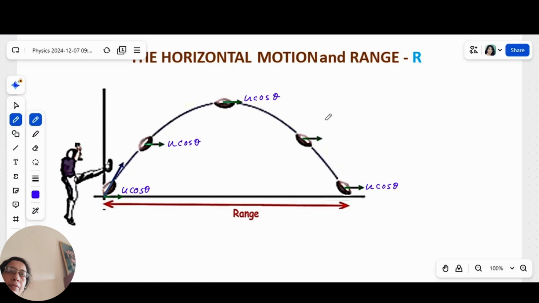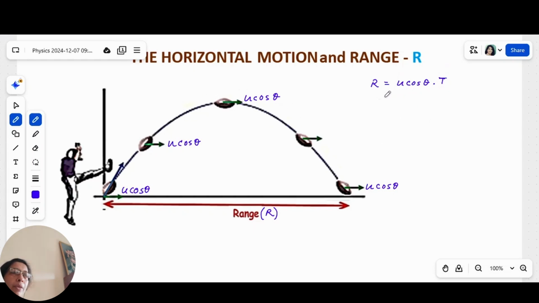So we can write that the horizontal displacement, which is represented by r in this case, it is called the range, so it is represented by r is equal to u cos theta into the time of flight, because it will move in the horizontal direction as long as it is in air.